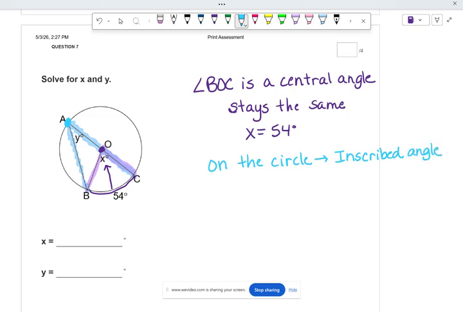And the slogan for inscribed is in half. So when we take this 54 and inscribe it at the Y, we have to cut it in half. 54 cut in half is 27, so Y equals 27 degrees.